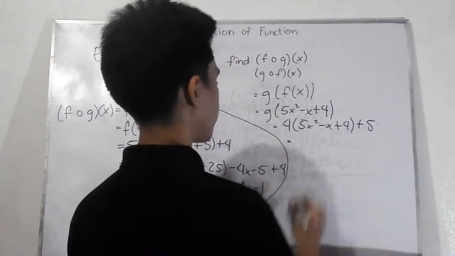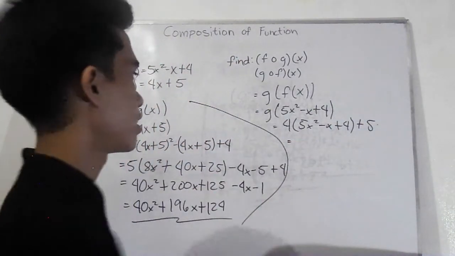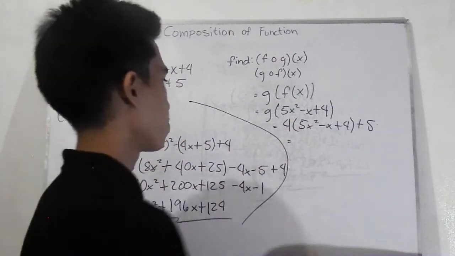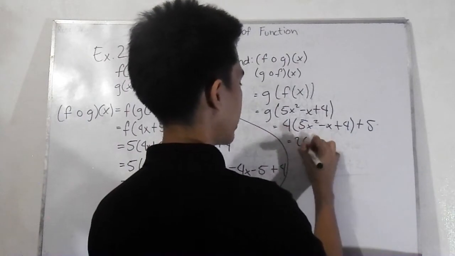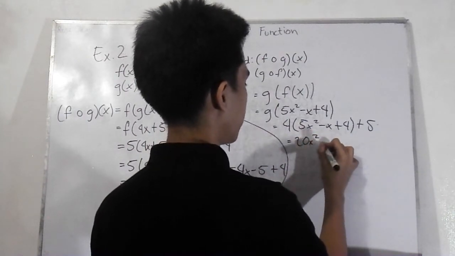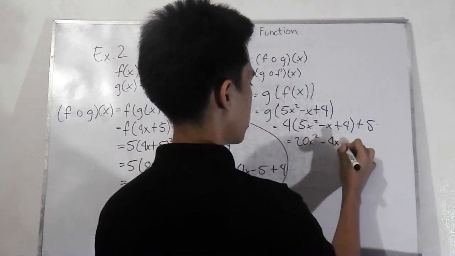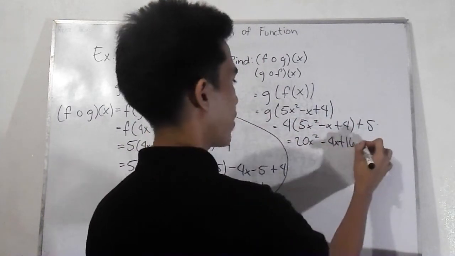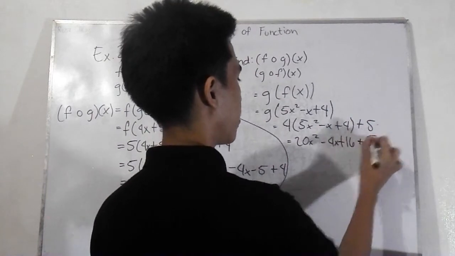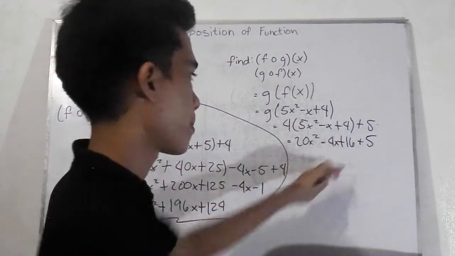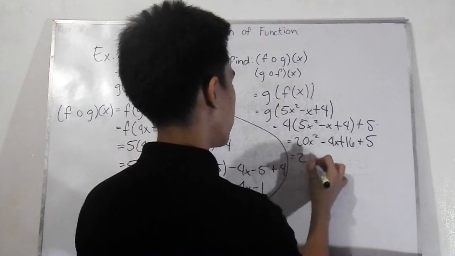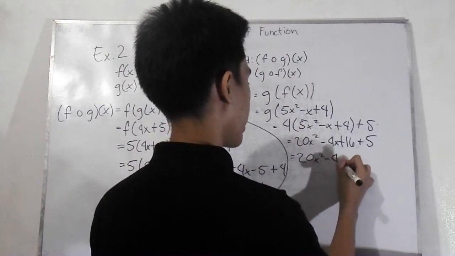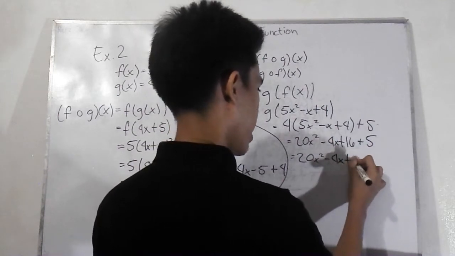Okay. Next is distribute this 4 in the parenthesis. So 20x squared minus 4x plus 16. Copy positive 5. So simplify. 20x squared minus 4x plus 21.